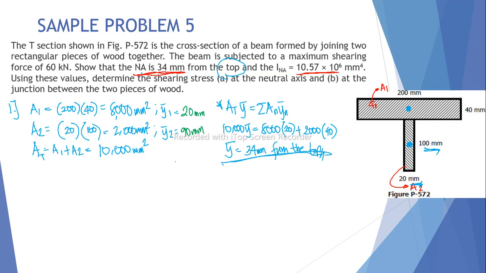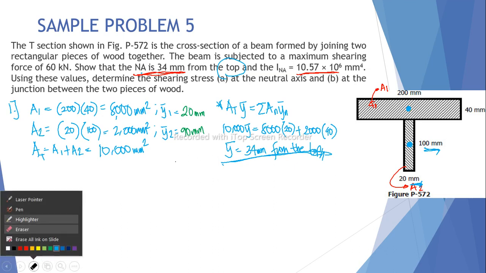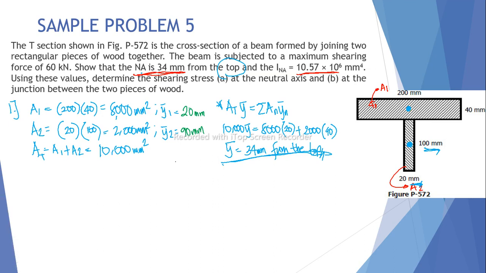This neutral axis is important because we will use it later when solving for the shearing stress. So we located it at 34 millimeters from the top. Therefore the neutral axis is somewhere here. So this is our neutral axis, and from the top, that is 34 millimeters.